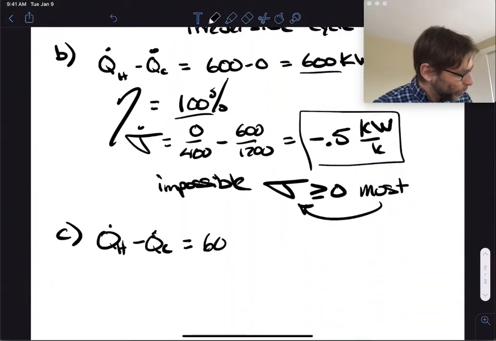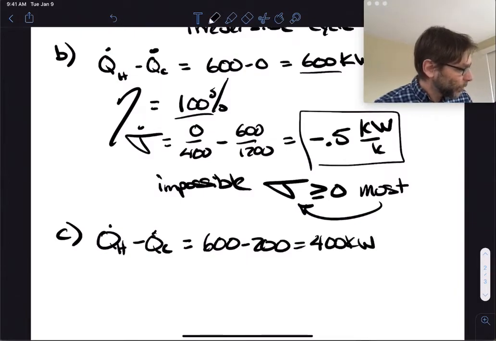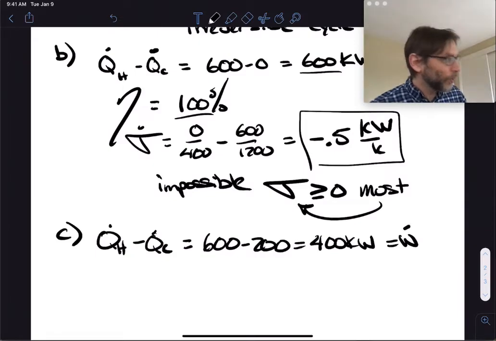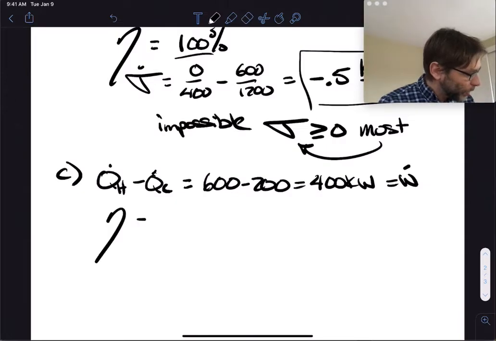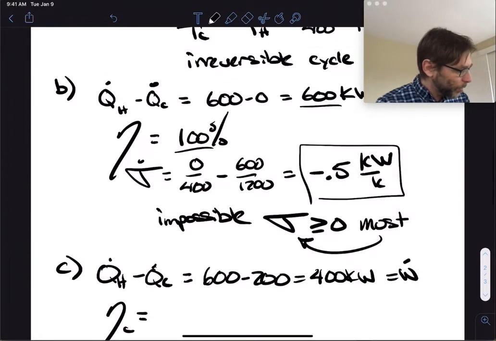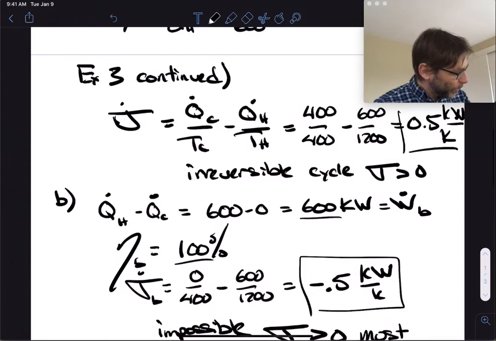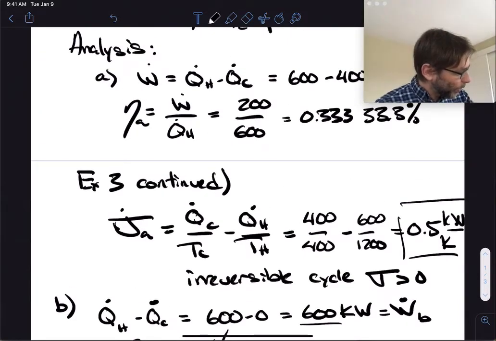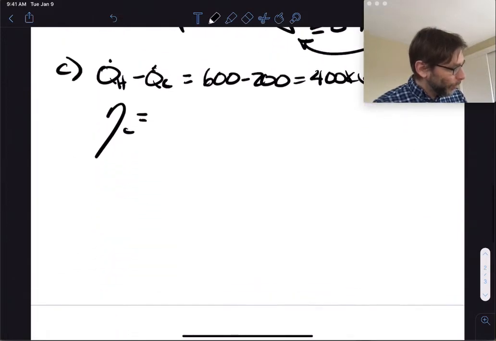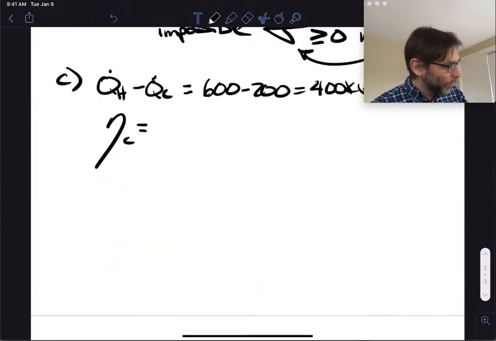So 600 minus 200 equals 400 kilowatts, equals the power that you get out. I'm just going to give these names so that we know what we're talking about, A, B, and this is C, the third one.